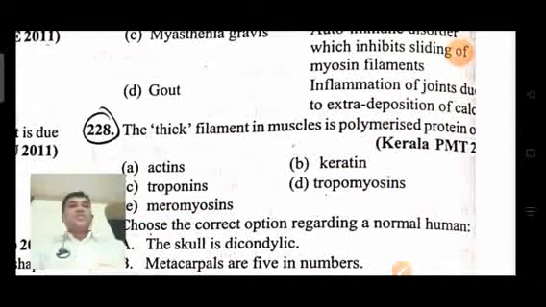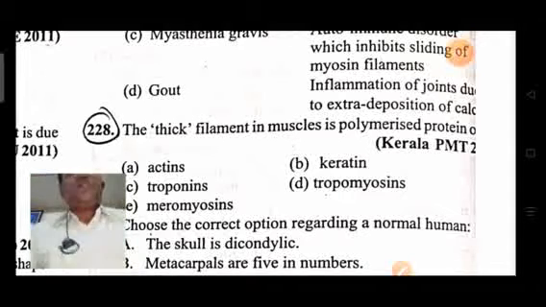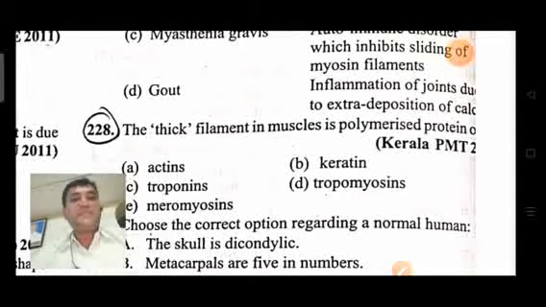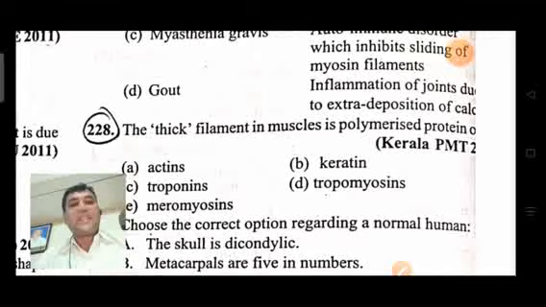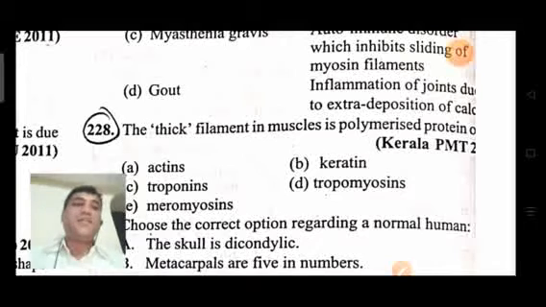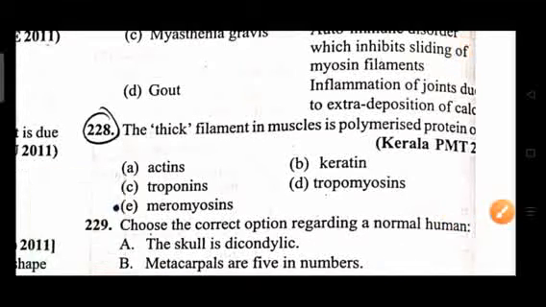The filament in muscles is a polymerized protein of actins, keratin, meromyosins. Actin filament or actin protein.